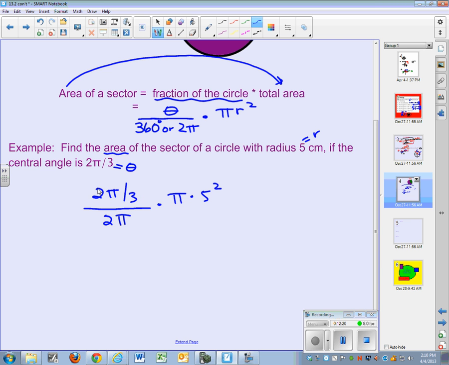Okay, so I know theta, 2 pi over 3. I know that I'm in radians, so I have to divide by 2 pi, not 360. And I know my radius is 5.